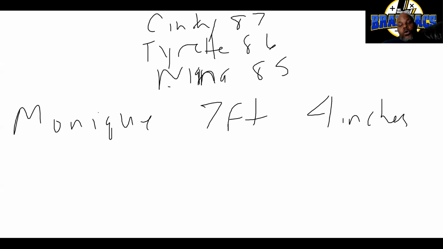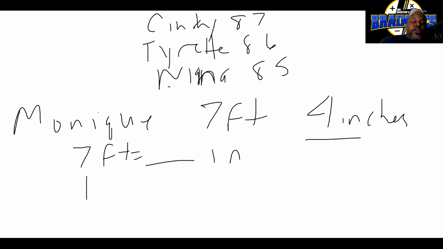All right. So let's figure that out in inches. So it's 4 inches. Then we have 7 feet. 7 feet is how many inches? Well, we know 1 foot equals 12 inches, right?